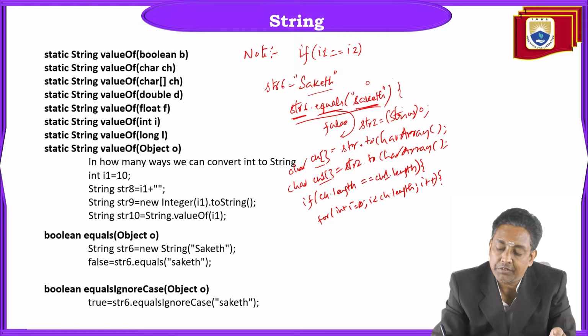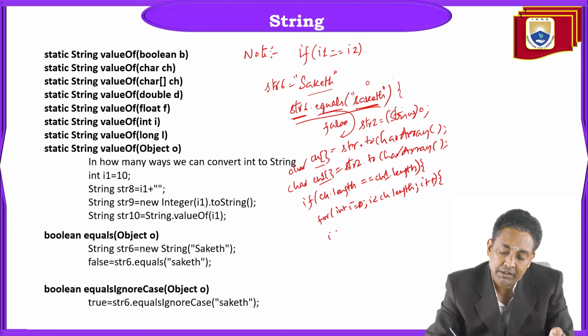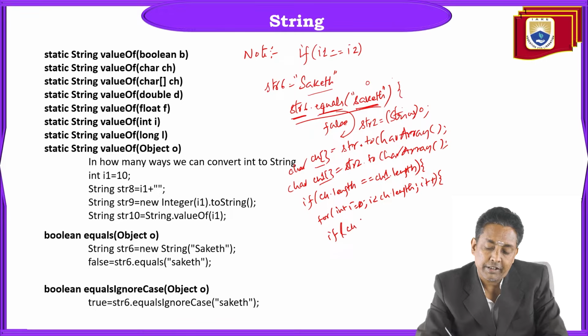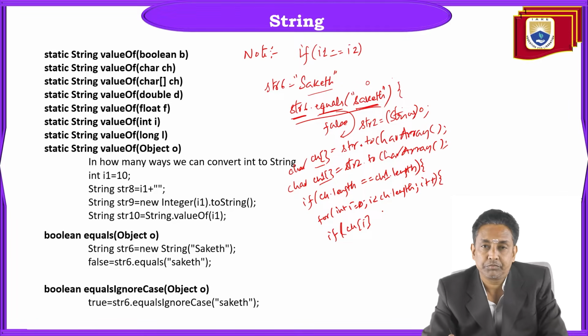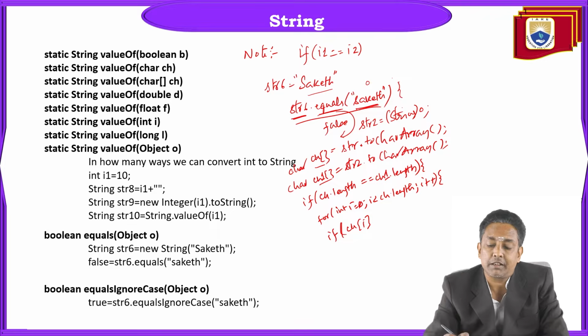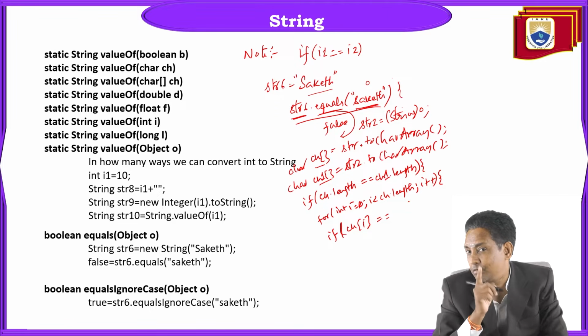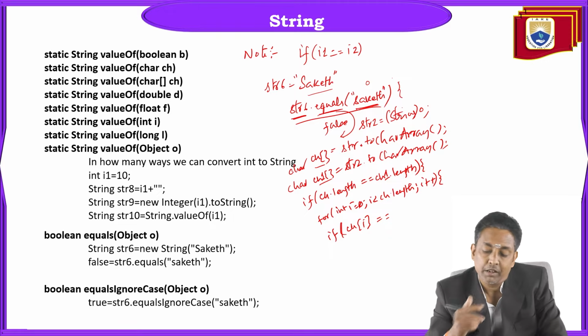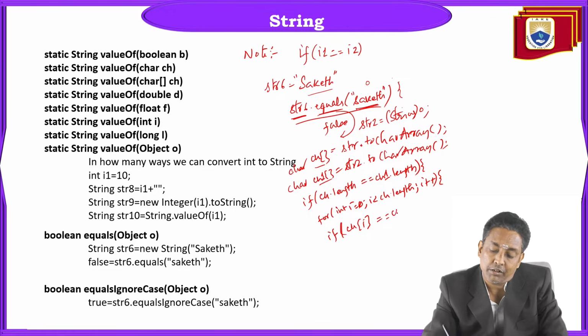That is to extract each and every character from both arrays. If ch[i], from the first character array, from the 0th index, that first character will come. Characters are again compared with equal to. Characters are primitive data. ch[i] == ch1[i].